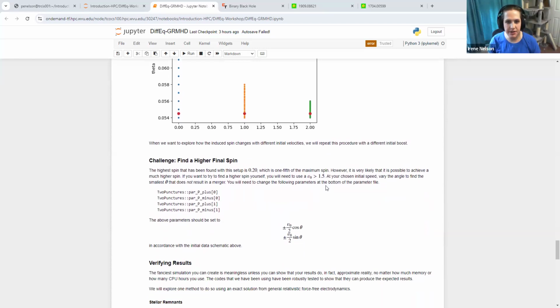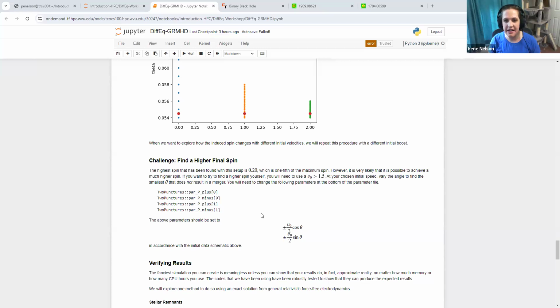So a challenge to anyone who wants to try this, editing that parameter file, if you want to go for a high score as it is. The highest spin that I found for the setup is 0.20, which is pretty intense. That's a fifth of the maximum spin where all physics breaks down.